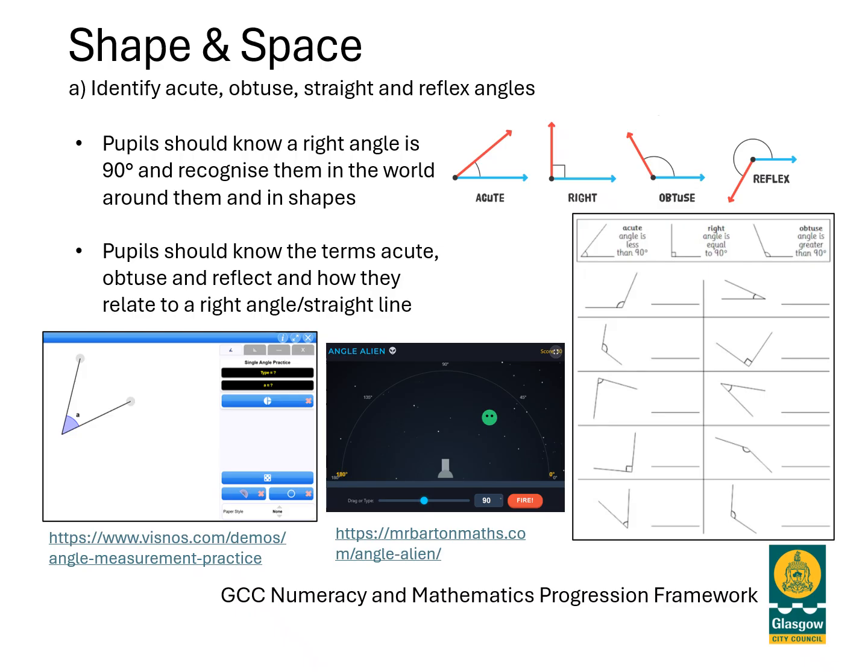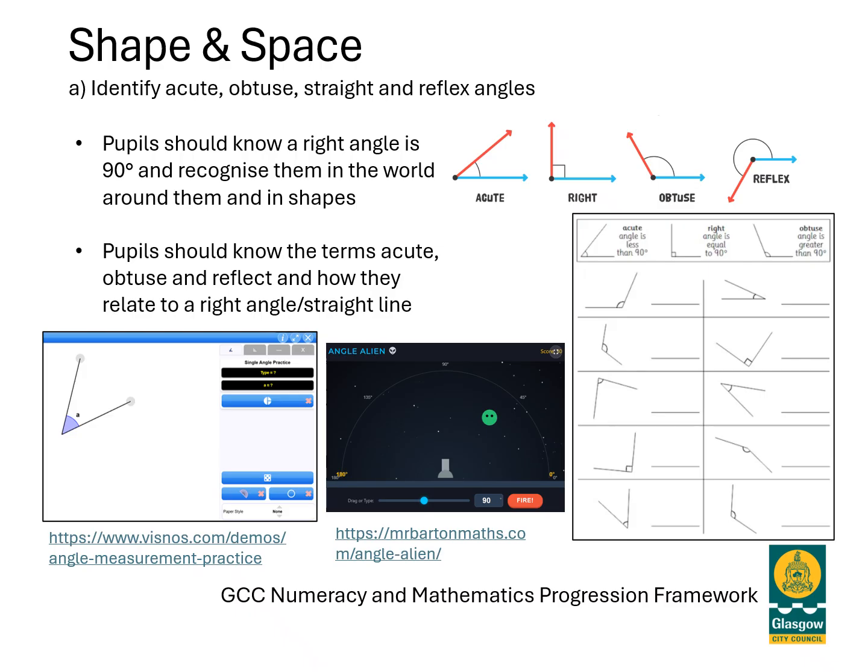Now we're learning the mathematical terminology for that, acute being less than 90 degrees, obtuse being greater than 90 degrees, and then introducing the idea of reflex angles as well. They need to understand how those terms relate to a right angle and how they relate to a straight line.